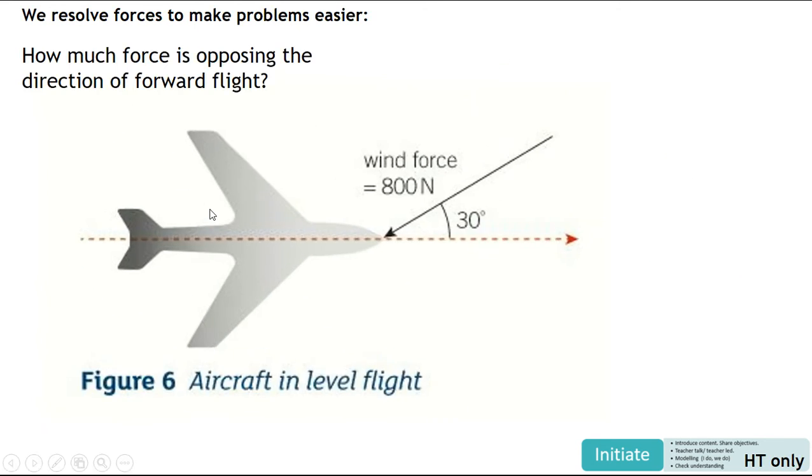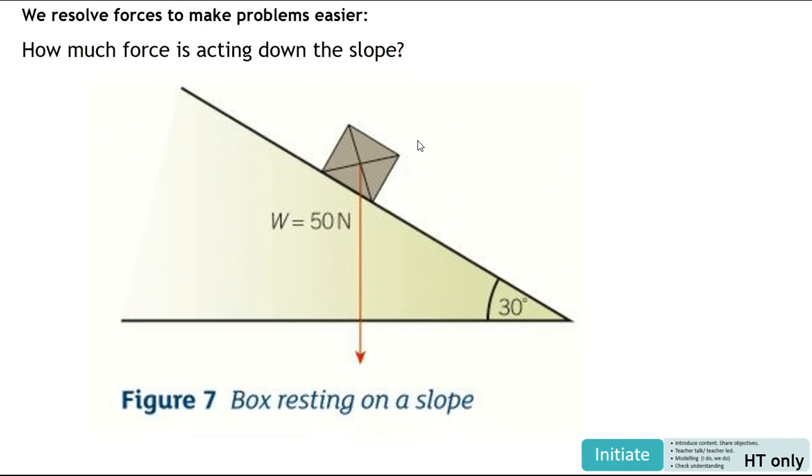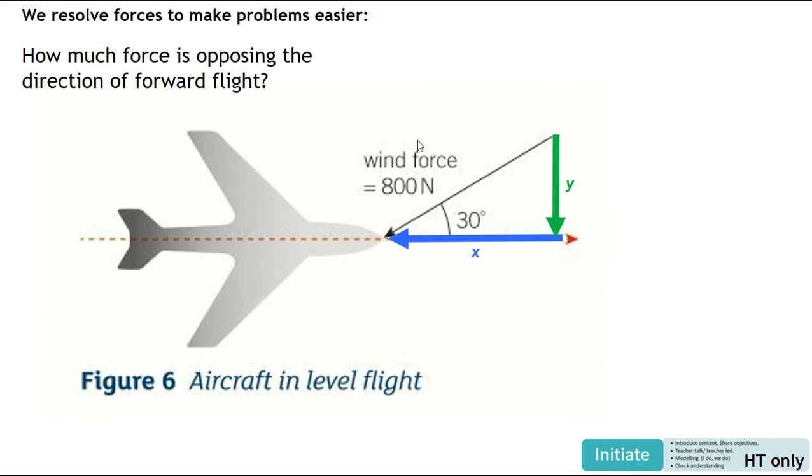We'll do that now with trigonometry. This time, we break the angle like this. We've got the x component and the y component. Apologies. And so we could solve that now because we've got the size of the force, that's 800 newtons. We have an angle, and so we could use our trigonometry to solve that.